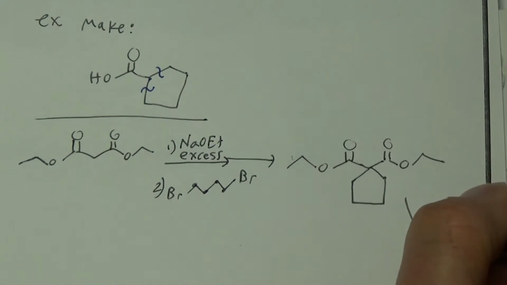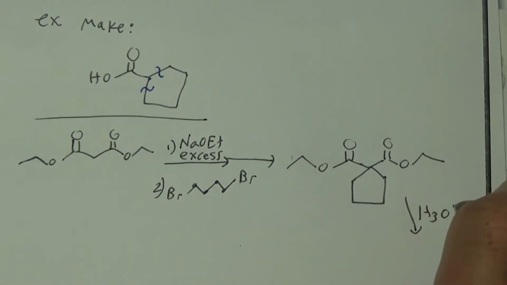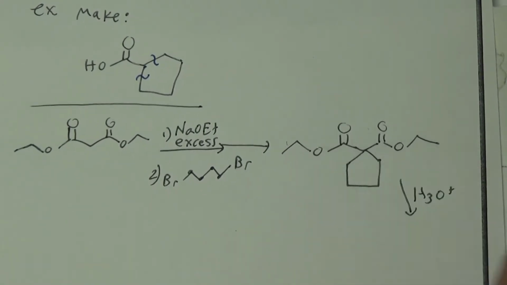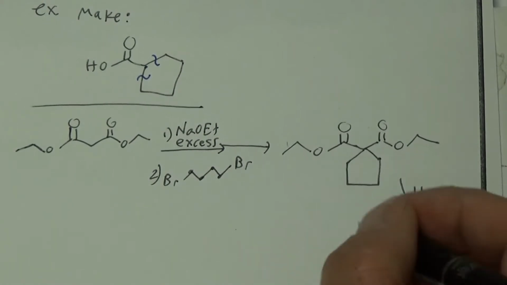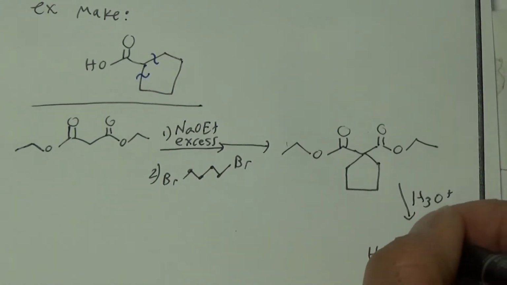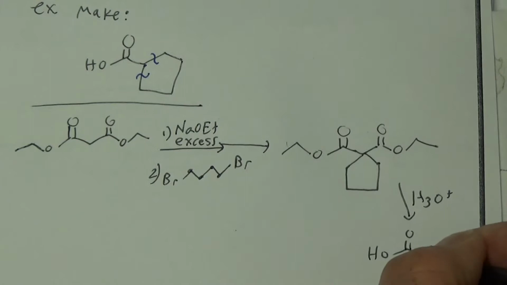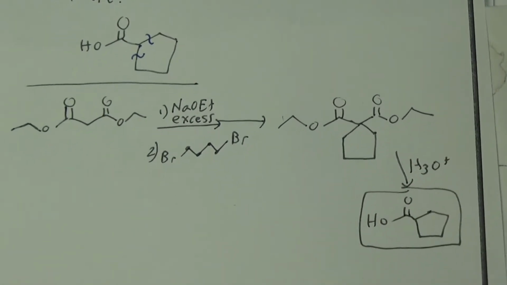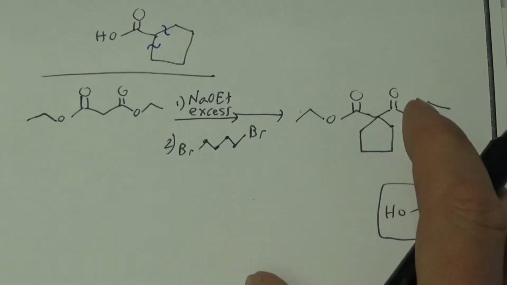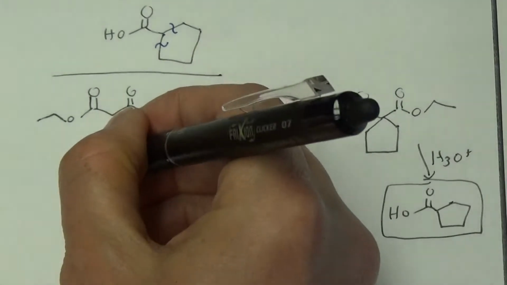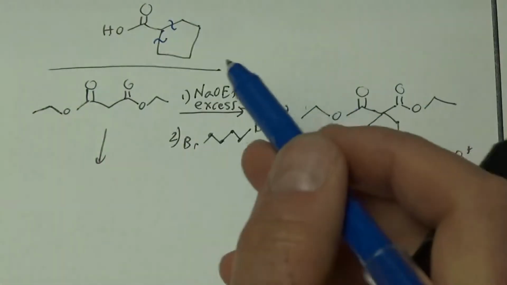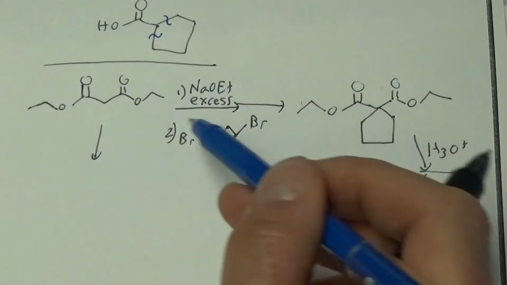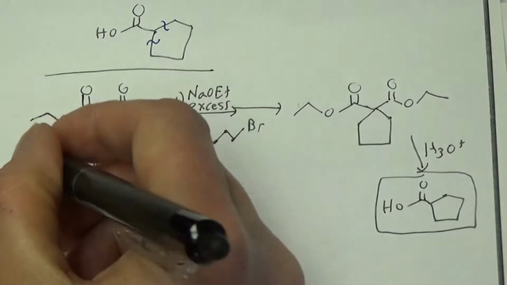And then acid will hydrolyze all the esters, cause the decarboxylation, and give us our product, which is cyclopentane carboxylic acid. Alright, the mechanism of this, I mean, it's not too exciting. Base takes proton, carbon attacks, then you get an intermediate.